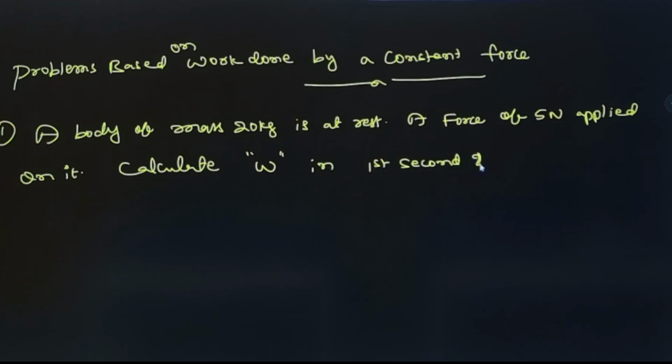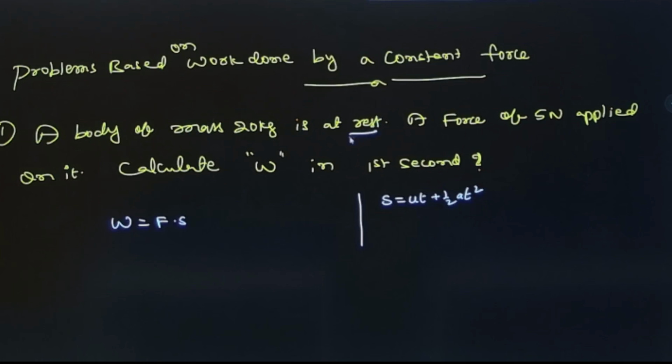Now you try yourself, please. Generally the formula for work done is W equals F into S. The displacement is in the direction of force. Displacement S equals ut plus half a t square.